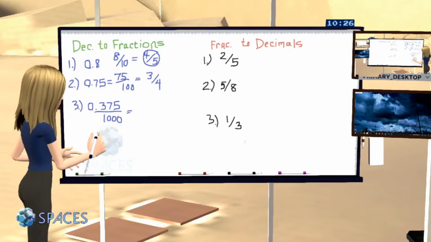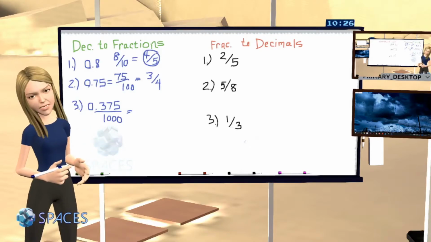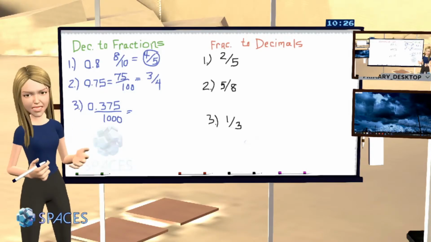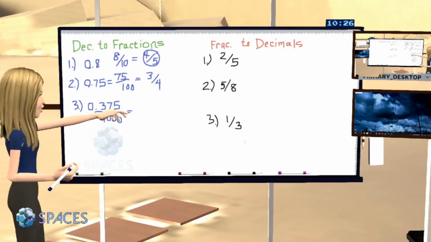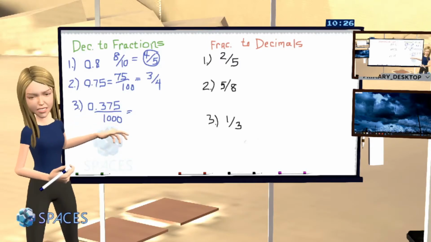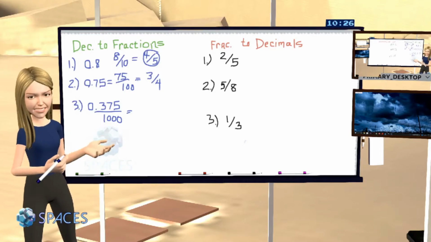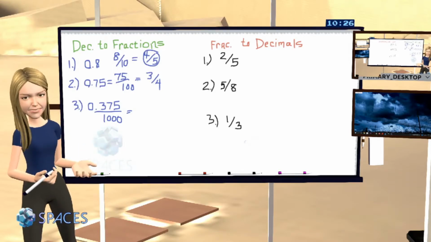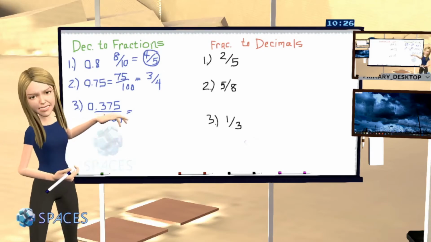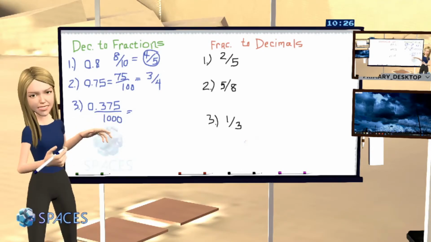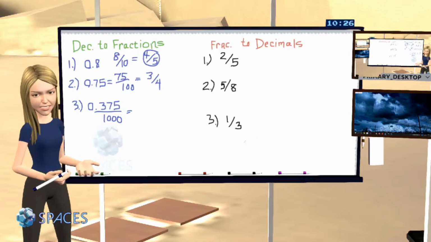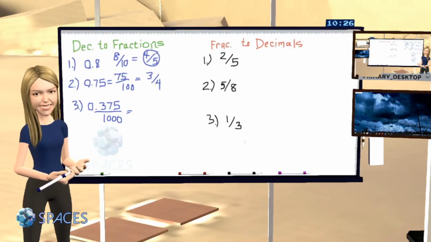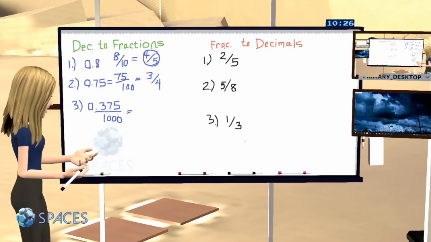So 375 divided by 1,000. It's hard to know by heart what to divide that by to simplify. If it ends in a 5 or a 0, you know you can divide the top and the bottom by 5. But in this case, it's bigger than that. So I'm going to give you a second to think: what number could you divide those by to get a simpler fraction?